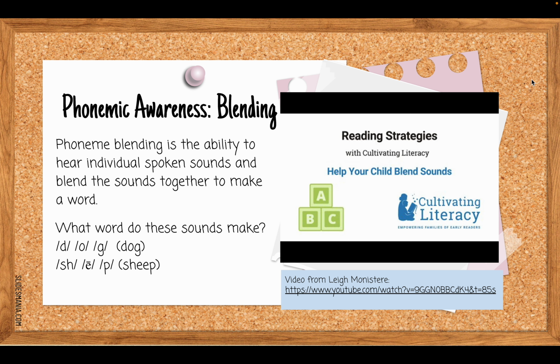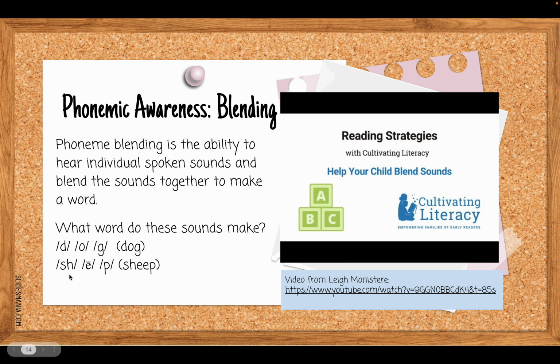So a key skill with phonemic awareness is the ability to blend phonemes. So in a blending activity, the individual phonemes would be given, and the student would be asked to blend the sounds together to make a word. So for example, you would produce d, a, g, and ask the student what's the word?